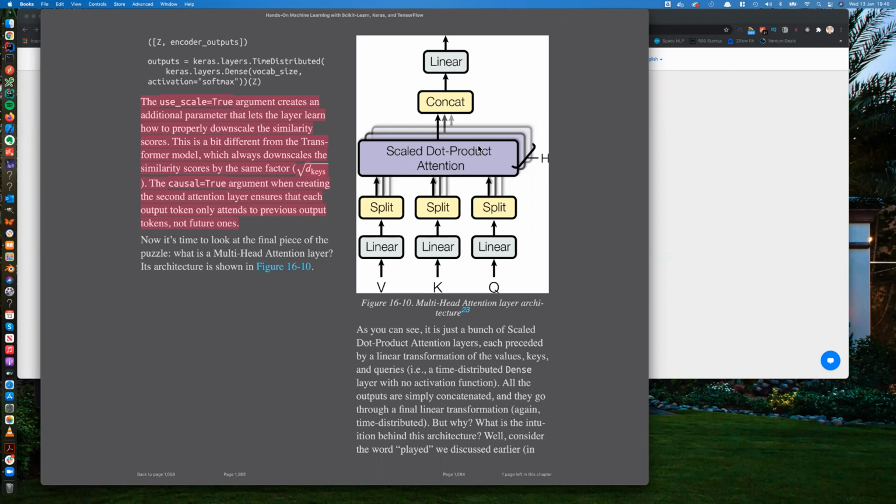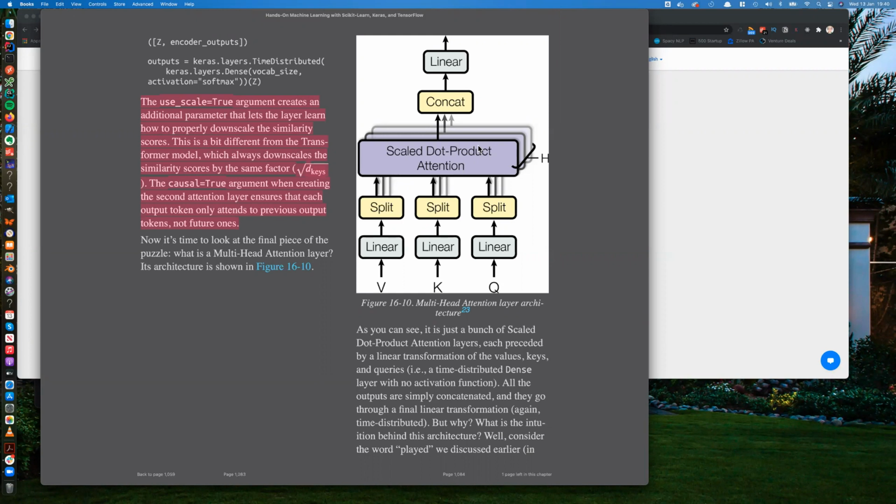So we have reduced dimension vectors fed to each scaled dot-product attention, because where learning is happening is in these linear projections, not in scaled dot-product attention. It's just a function. It does not have any parameters.